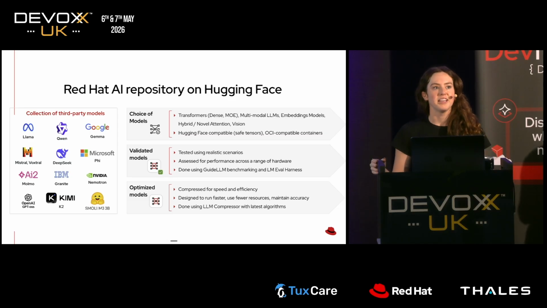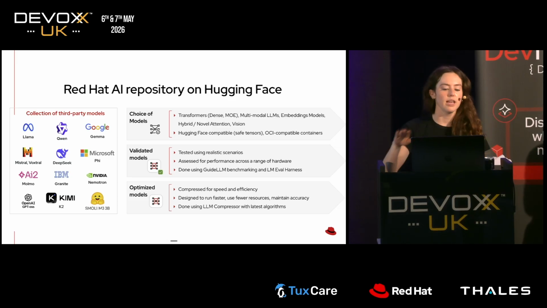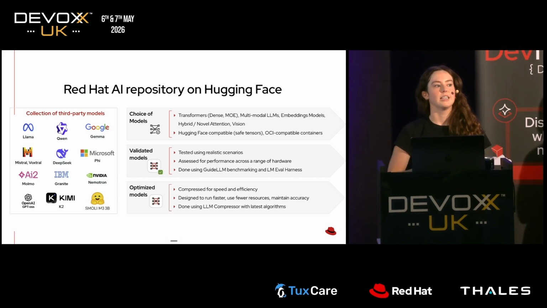Obviously, it's not like Git, but it is like a repository that we all share and is really prevalent and kind of becoming a communal space. But Red Hat, who I work for, has our own repository of these models on Hugging Face, right? That we are going to tell you are safe, good to go. So if you need one, check it out.